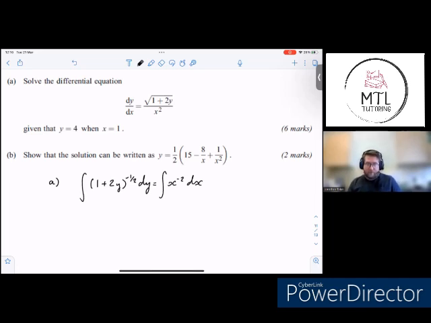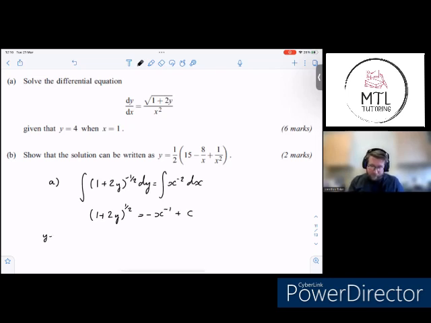And we can just integrate both sides now. So this becomes 1 plus 2y. Add 1 to that power, we get a half. We've got to divide by a half and divide by 2. So if we divide by a half and divide by 2, they just cancel out. And then we have x to the minus 1 divided by minus 1 plus c.